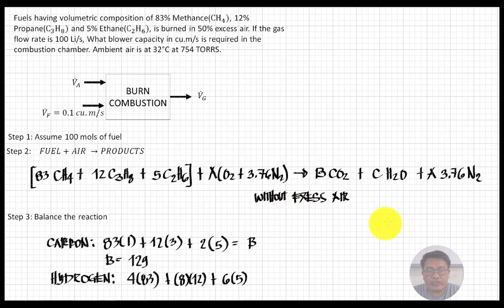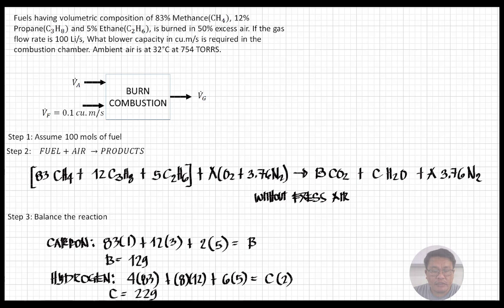Then on the product of combustion for our hydrogen, we have the coefficient of C multiplied by 2. So we can sum up and divide the value. So we have the value for your C, that is 229.